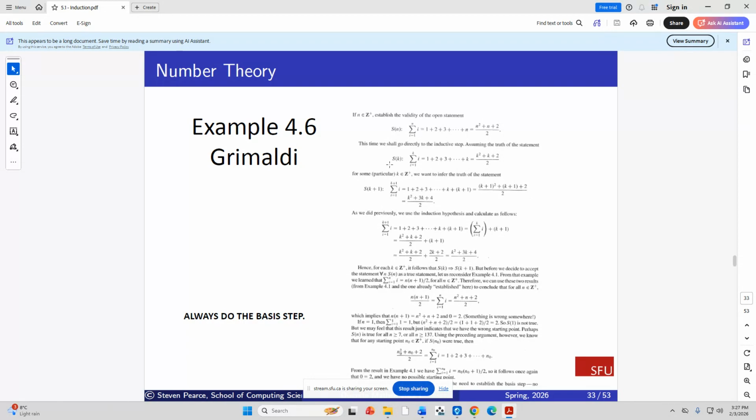So we go directly to the inductive hypothesis, and we try to take the inductive step, and it doesn't work. Well, we would have known right away because it's not true, and the basis step would have shown it. So we did all that work for nothing. If we would have done the basis step, we would have known that the equality is invalid. So always do the basis step.